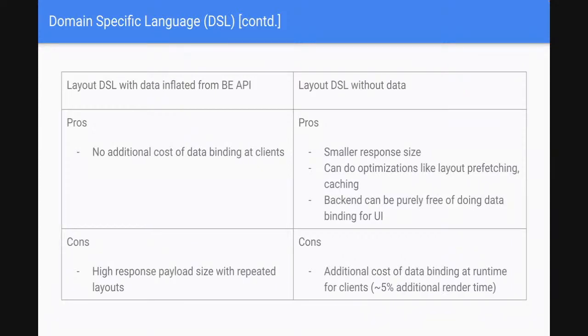They can be totally agnostic of the UI. Although it comes with a cost, which is the additional cost of doing the data binding at clients at runtime, right? So it was around 5% additional render time for each component, but that is a hit which we were ready to take because of the advantages that this provides us, which is mainly the smaller response size and the layout caching and prefetching bits.